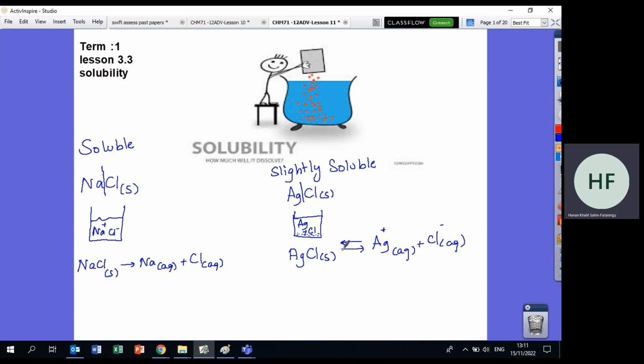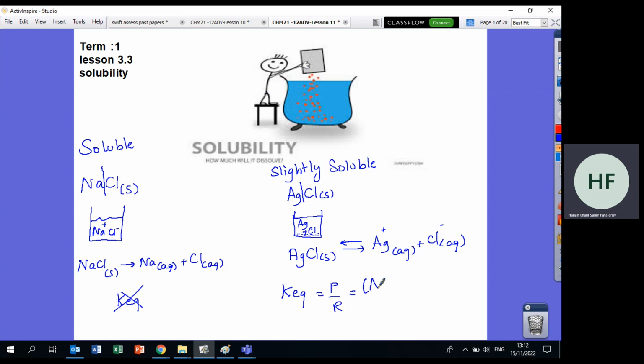Now here we have equilibrium again. You remember the previous lesson we were speaking about equilibrium. Which expression can I write for it? The equilibrium constant, KEQ. So KEQ here in this case will be products over reactants.